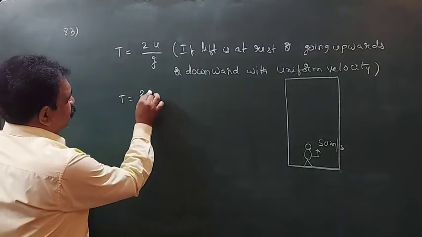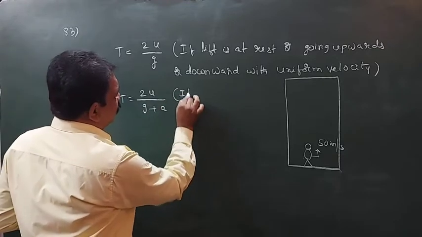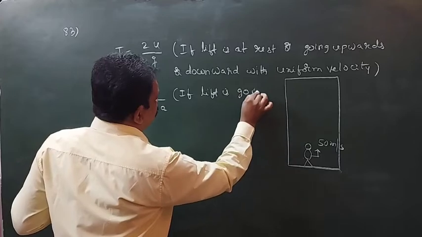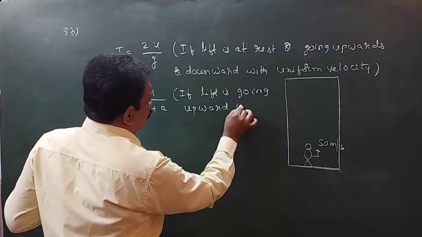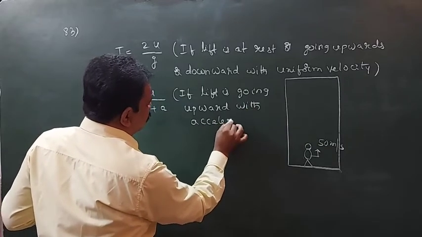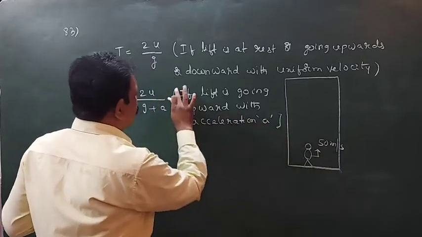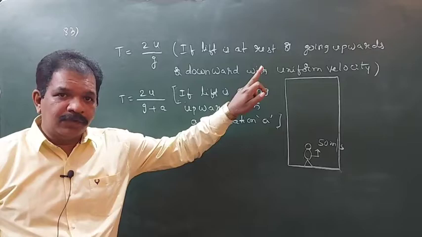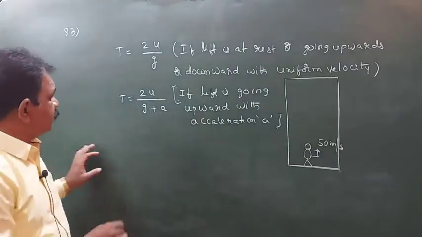T is equal to 2u by (g plus a) if the lift is going upward with acceleration a. In this case, if the lift is going upward with uniform acceleration a, we will use this formula.